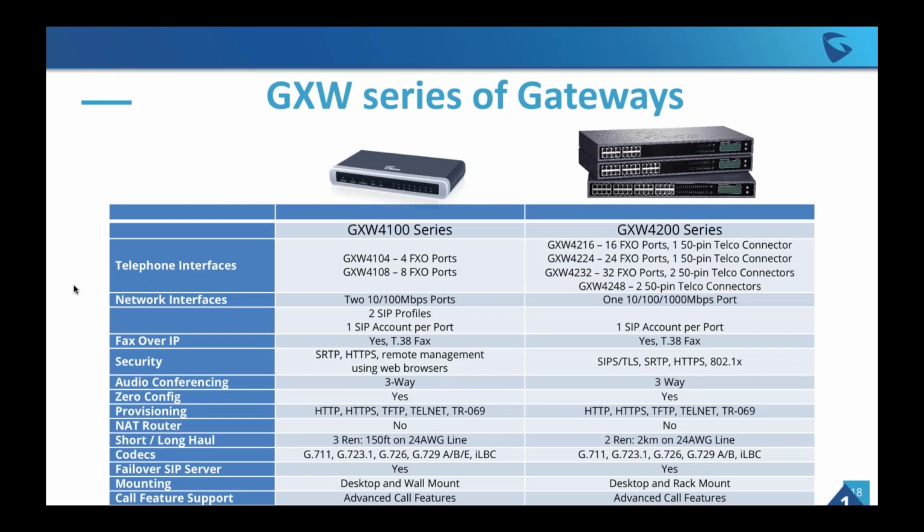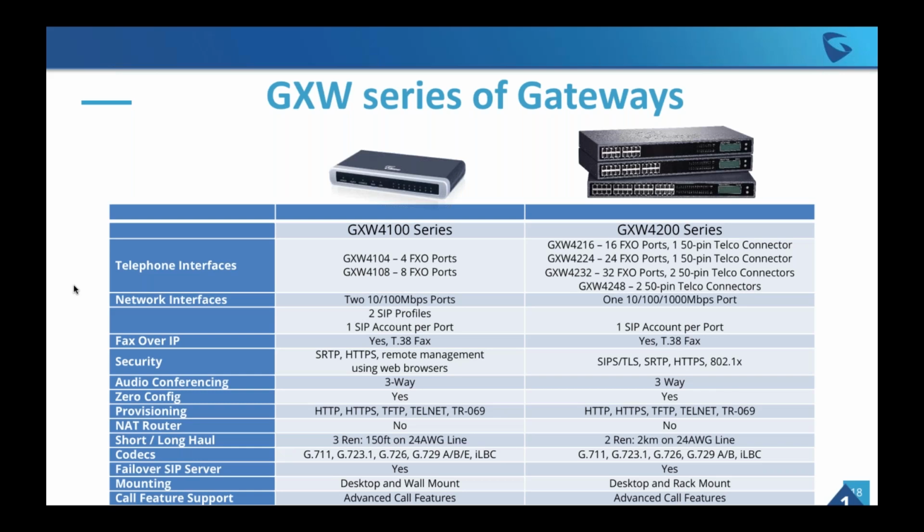And currently we have two different series here that we provide. The 4100 series has either 4 or 8 FXO ports built into it, whereas the 4200 series are more high density models, giving you 16, 24, 32, or 48 ports.